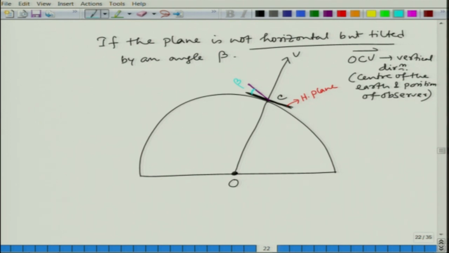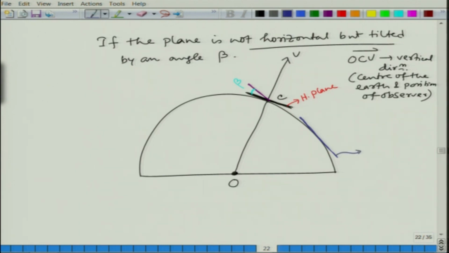How? Let us say that we draw a parallel to this wherever it takes. In some other location, you draw a parallel line to this tilted plane. Okay.